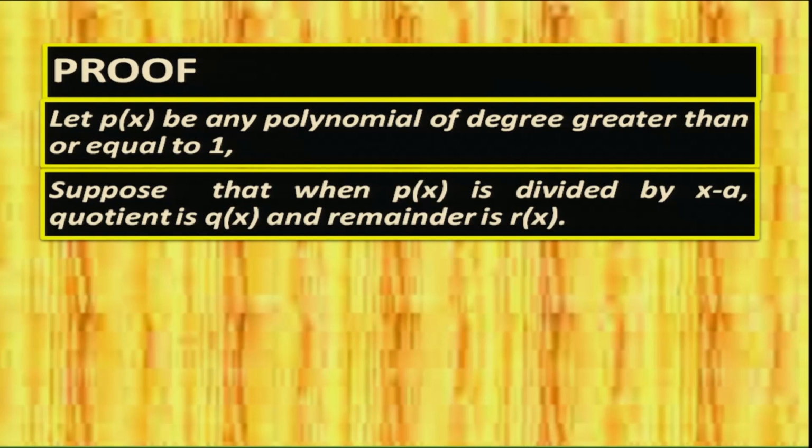So if Px is divided by x minus a, then we must have some quotient, let it be qx, and the remainder may be say rx.